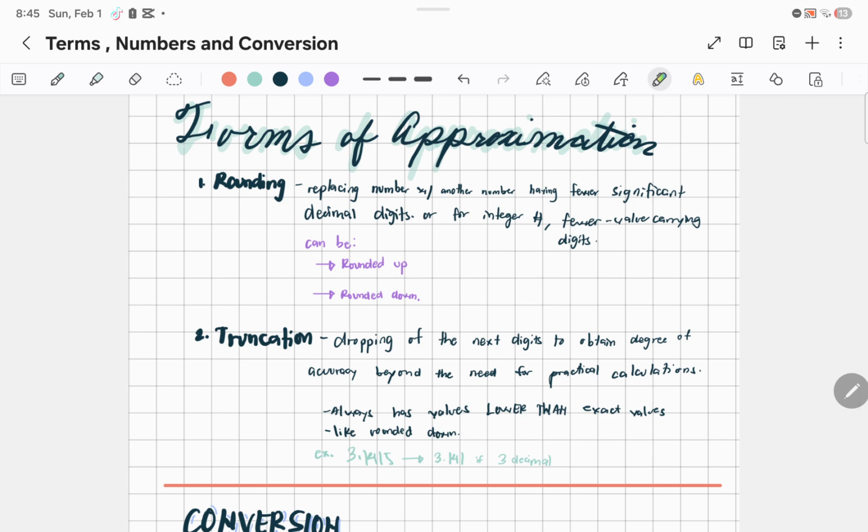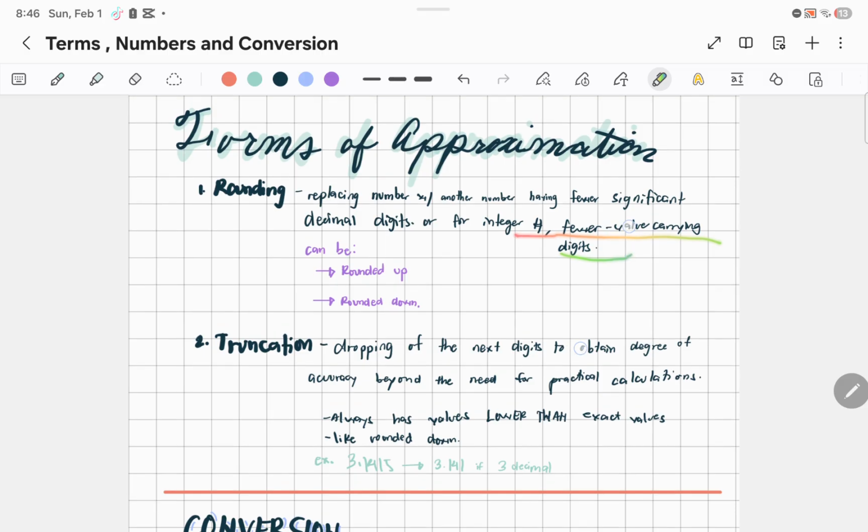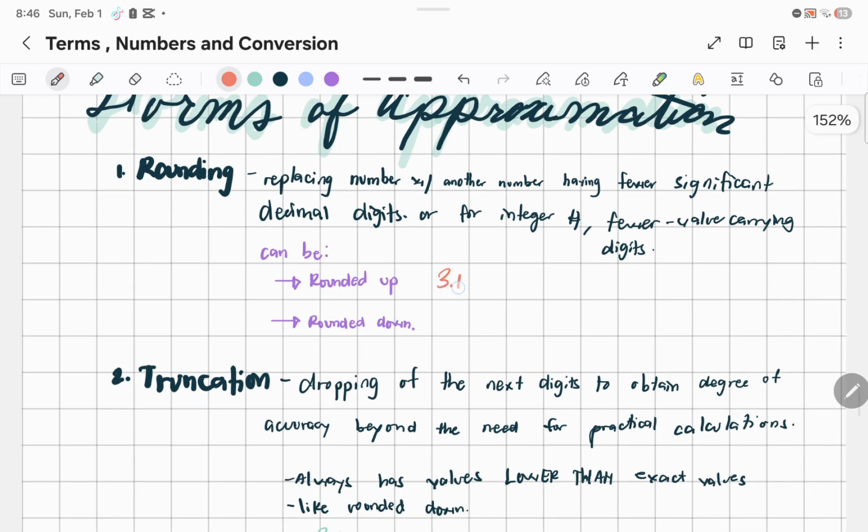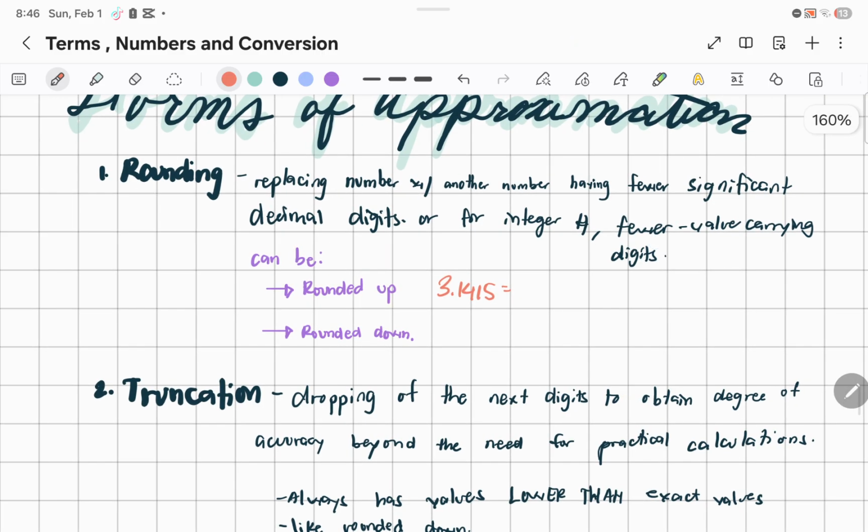Next, we have the forms of approximation. We have rounding, or replacing the number with another number having fewer significant decimal digits, or for integer numbers, fewer value-carrying digits. It can be rounded up or rounded down. For example, if you have 3.1415 and you round it off to only 3 decimal digits, it will be 3.142.